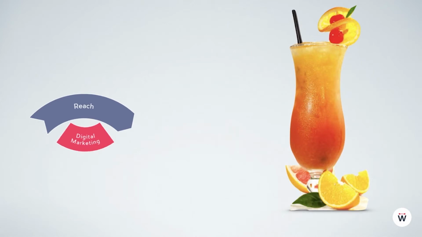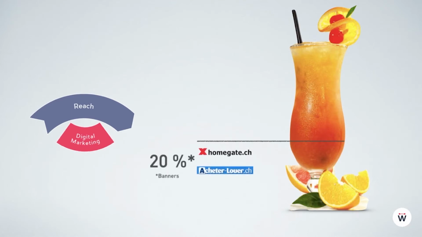Now, over the last 50 projects we've had, we've been able to draw, let's say, a formula which guides us with regards to budget allocation. What we've learned is that 20% of your digital budget will go into banners on websites, like on portal websites such as homegate.ch or any other website.